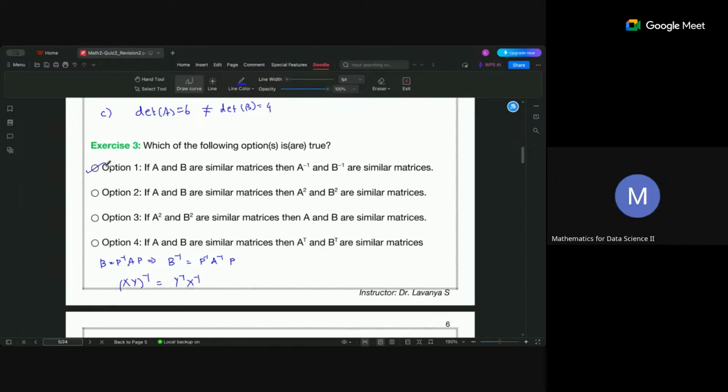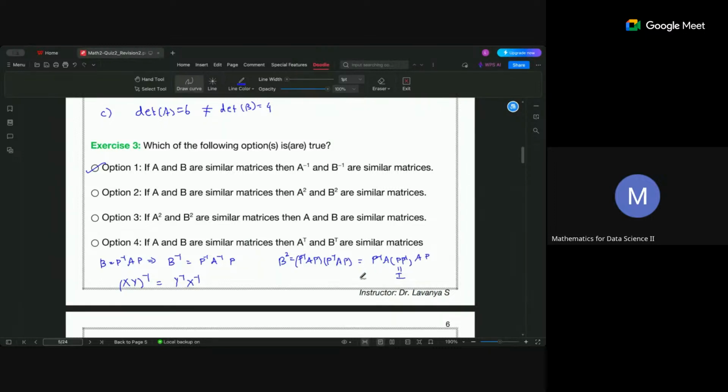What about option 2? True, ma'am. B square is P inverse AP times P inverse AP. So P inverse into P is identity, right?